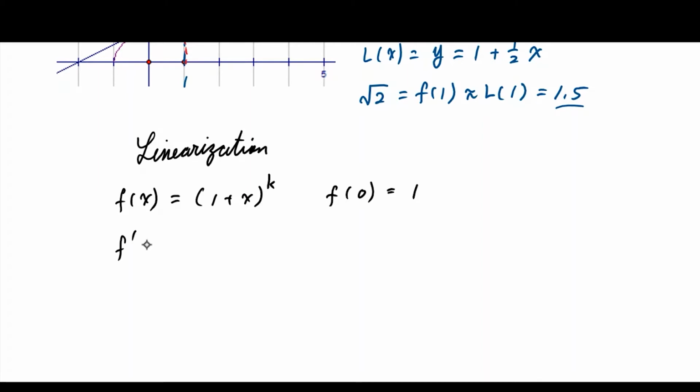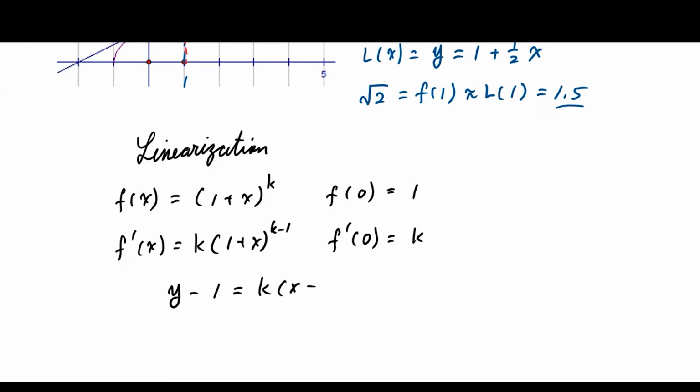F prime of x, of course, is k times 1 plus x to the k minus 1, whatever that is, right? Okay, and then if I plug in 0 to that, we get k. So point slope form, y minus y1 is equal to our slope times x minus 0. You know what I'm saying? So our y is equal to 1 plus kx. And this is our linearization formula.